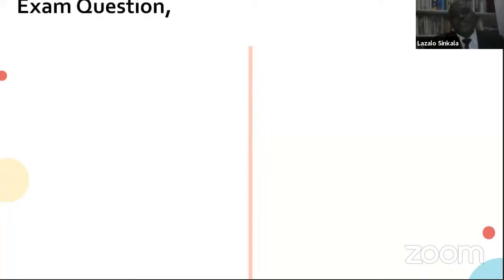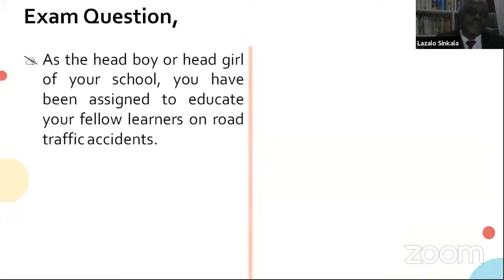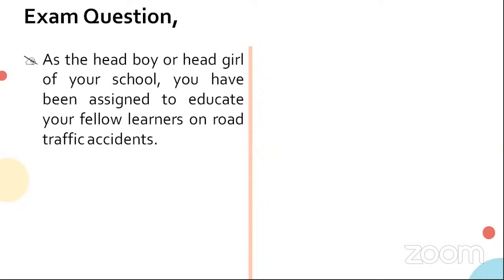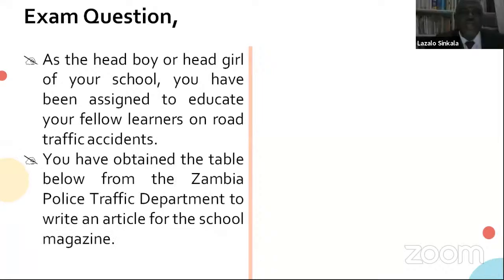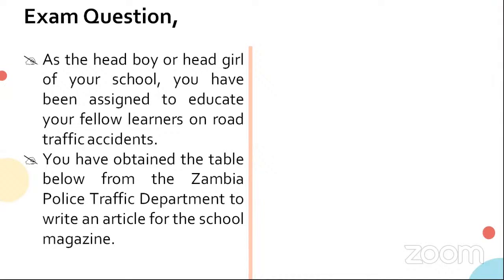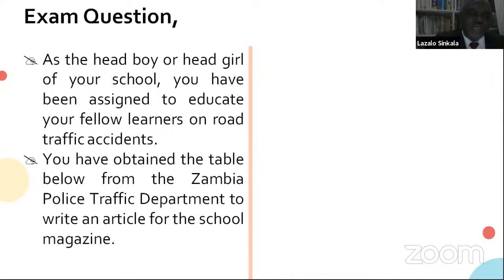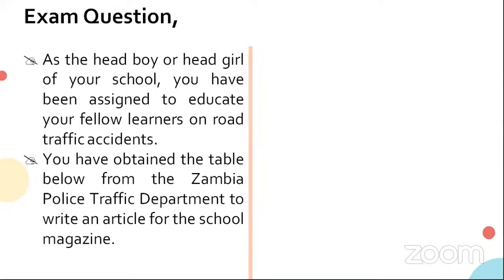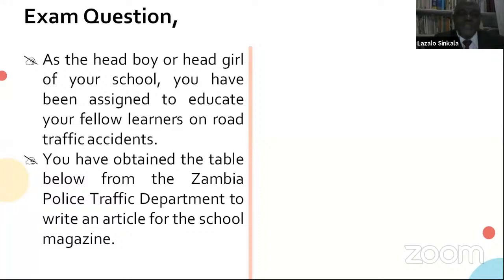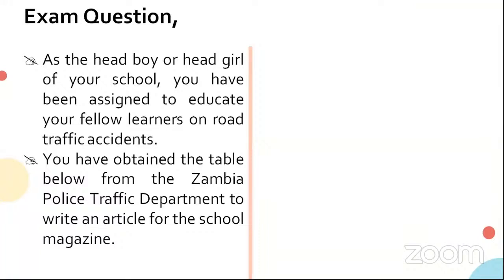Let's look at a hands-on, exam-based question. As the head boy or head girl of your school, you have been assigned to educate your fellow learners on road traffic accidents. You have obtained the table below from the Zambia Police Traffic Department to write an article for the school magazine.